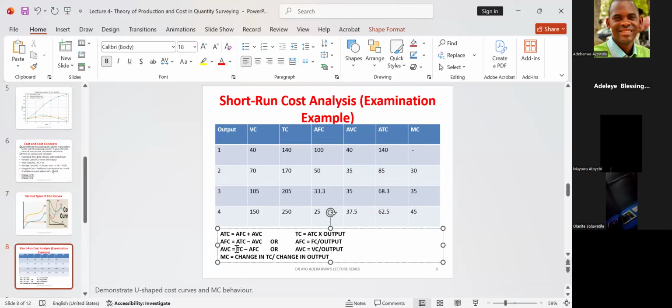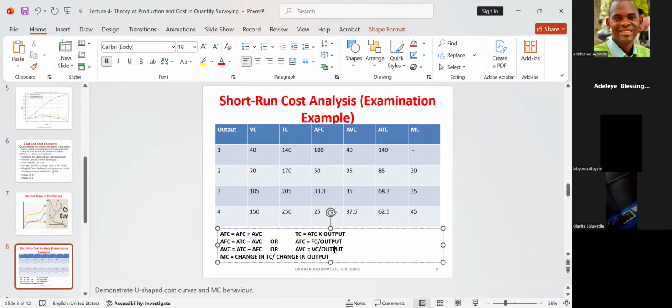Then AVC will be ATC minus AFC. And you can equally say AFC is fixed cost divided by output. So you can use any of the two methods, while AVC will be variable cost divided by output. The one that is so unique among them is marginal cost. Marginal cost is the additional cost per unit of additional output, and that is change in TC divided by change in output.